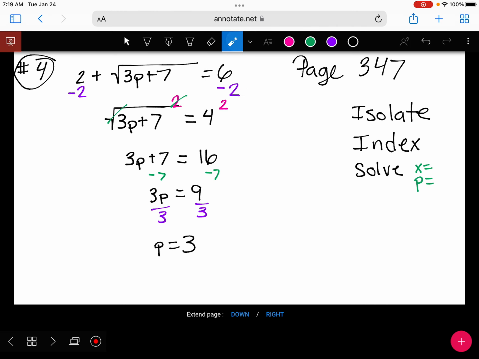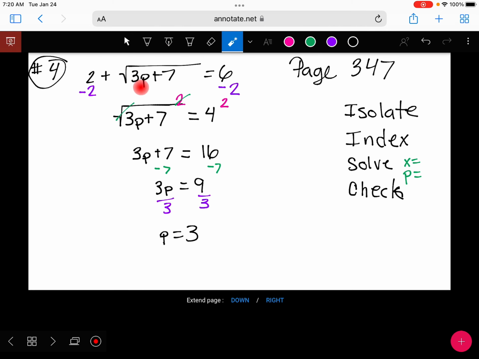We have one more step that I should have put over here, but I didn't, because at the very end, we always need to go back and check it to see if this is a valid solution or if this is an extraneous solution. To check it, we are going to grab whatever side of my equation has variables, and we're going to type that expression into the calculator.